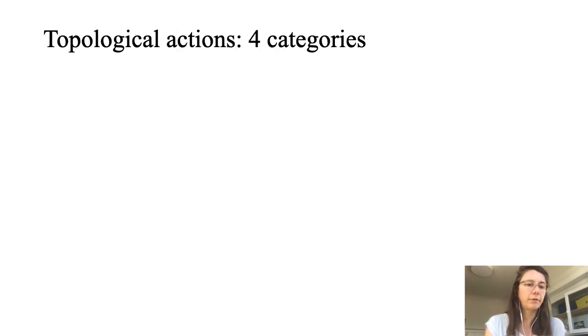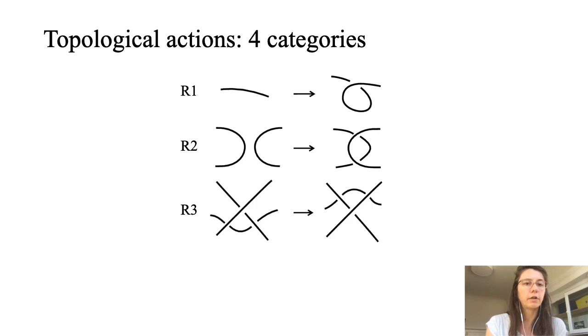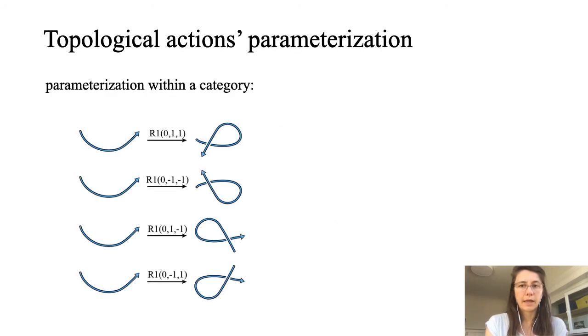Okay, so let me first explain the categorization of these topological actions and their parameterization. There are 4 categories of topological actions. These are called R1, R2, R3, where R stands for Reidemeister moves, and this particular cross move that we denote by C. Within each category, there are many different actions.